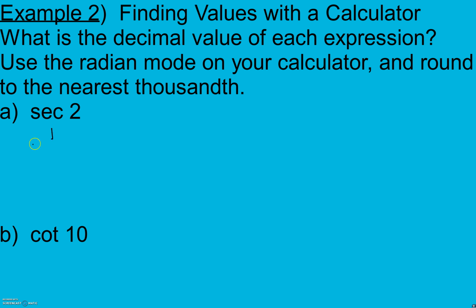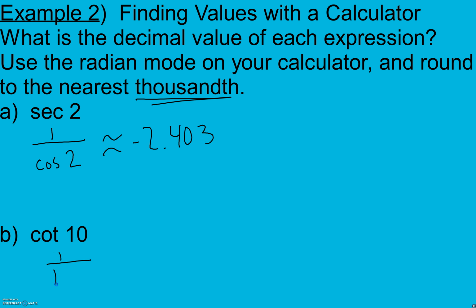Remember that secant is 1 over cosine of 2. So take 1 divided by cosine 2, close your parentheses, and we should get -2.403, thousandth, tenths, hundredths, thousandths.